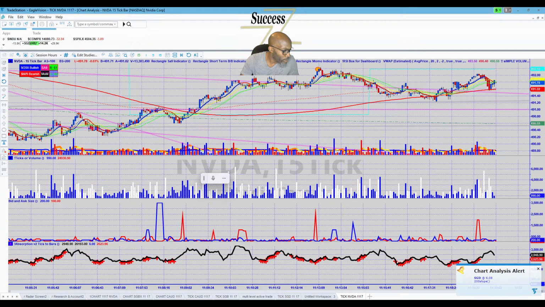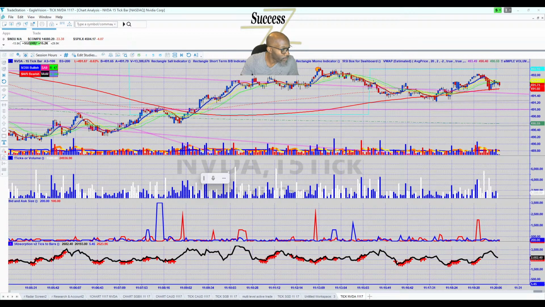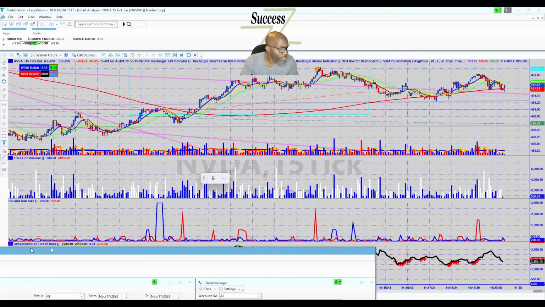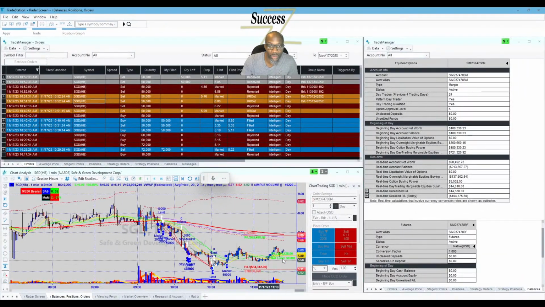Okay, let's see here. Just looking at my perch. Okay. SGD is still looking like it wants to make that curl up, and I'm not mad at it, but I think it's going to have some trouble once it gets in here.